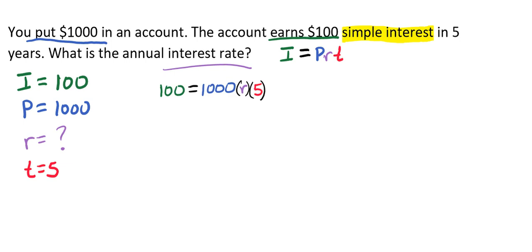So let's plug those in. So now we have 100 equals 1,000 times R times 5. So if we simplify that, combine some like terms, we're going to have 100 equals 5,000 R. Now remember, the R is what we're looking for. So we want to divide both sides by 5,000, and we divide because that enables us to cancel out the 5,000s on the right-hand side.